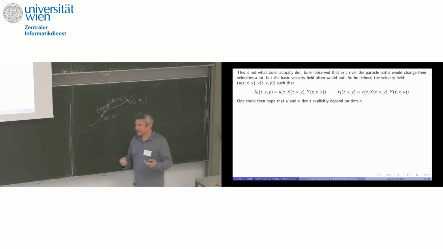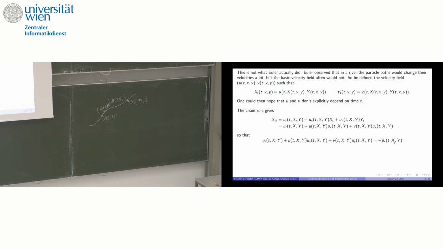So in a river, the velocity field, if you're looking at a single point and you watch the particles pass through that, that velocity stays the same more often. And so he thought he was going to get simpler equations if he did that, and that's where the introduction of this velocity field, little u and little v, comes in.